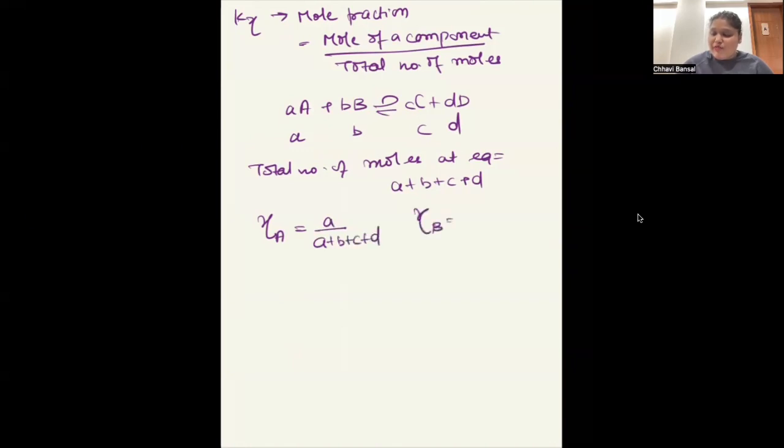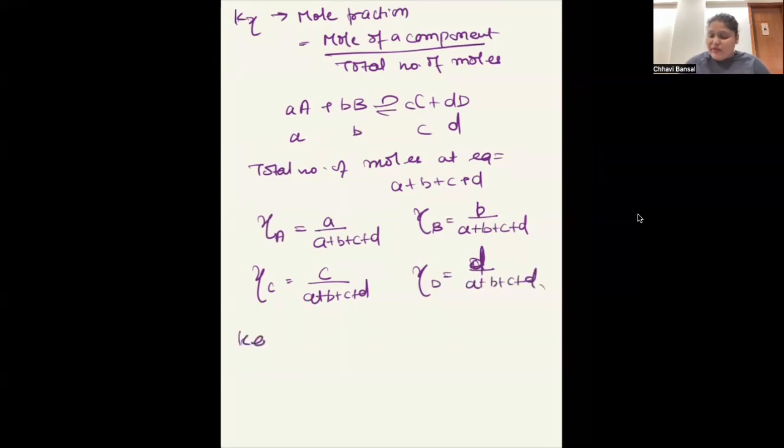Same way, the mole fraction of B will be b divided by a plus b plus c plus d, where a, b, c, d are the numbers of moles of the individual components present at equilibrium. Same way for C and then D, with a plus b plus c plus d as the total, right?